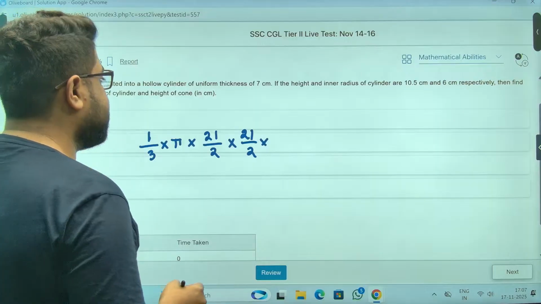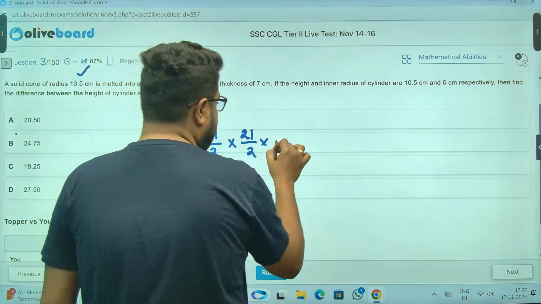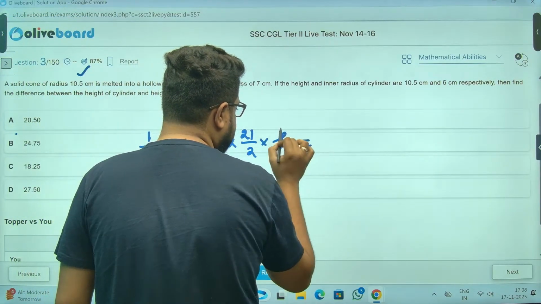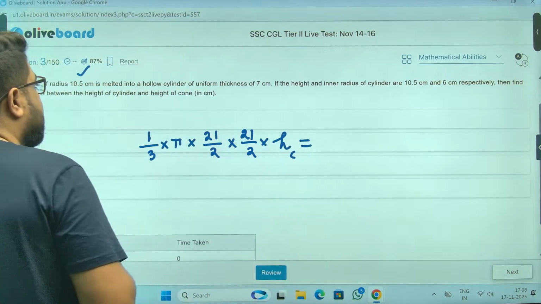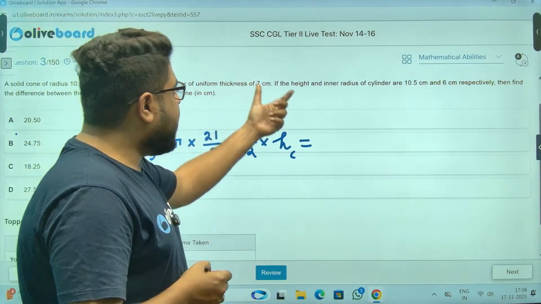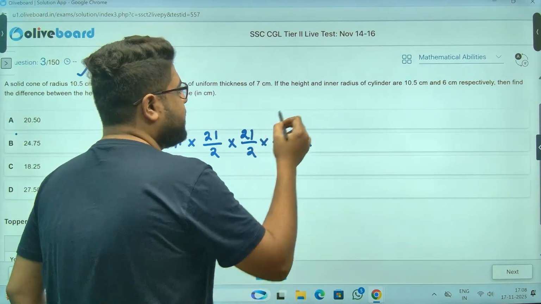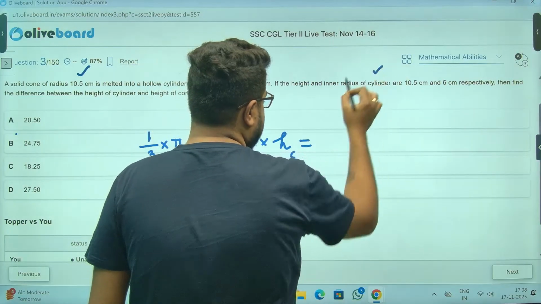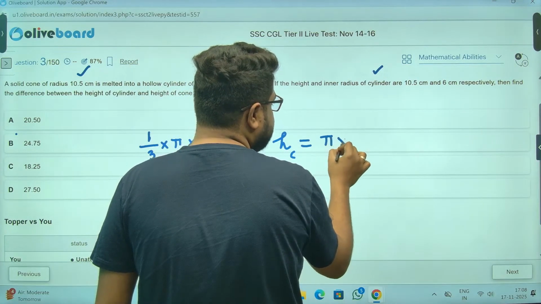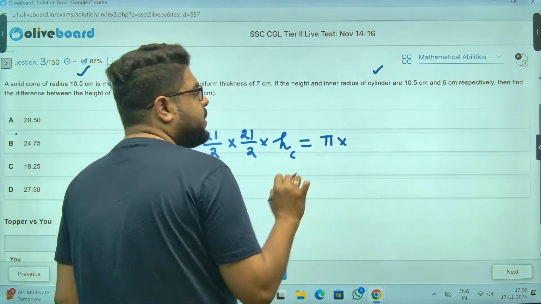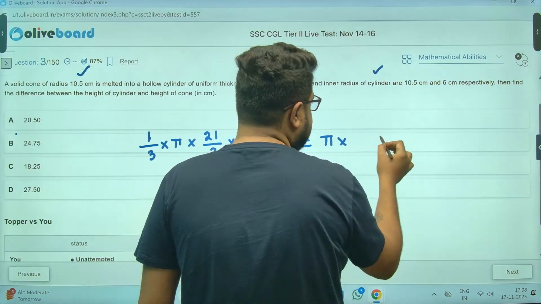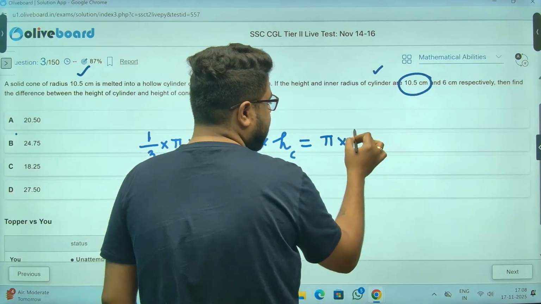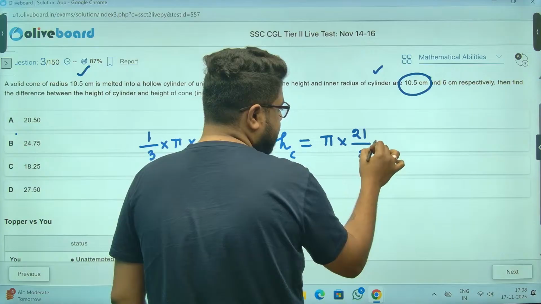I don't know the height of the cone, so I'm taking h of cone. The height and inner radius of the cylinder are given. The volume of a cylinder is pi r square h, with h being 10.5, meaning 21 by 2 once again.